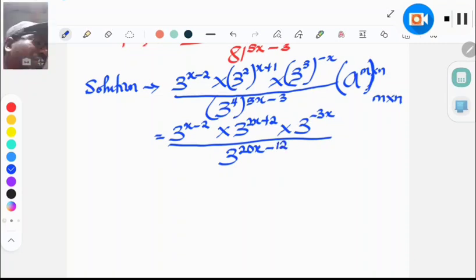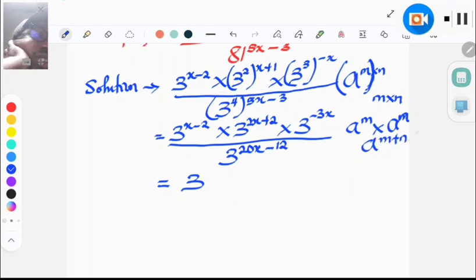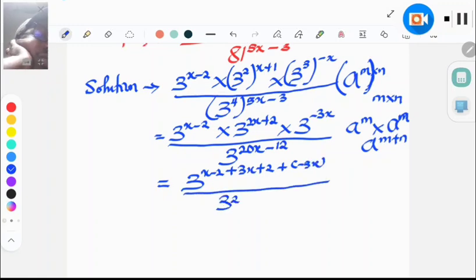Now from here, we can see that the bases are common for the numerator. We have bases of 3. So what we just do next is we add the powers since we are multiplying the bases, because that's the law of indices, that when you are multiplying two bases, you pick one and you add the powers. So here we have x minus 2 plus 3x plus 2 plus negative 3x, and over 3 raised to the power of 20x minus 12.